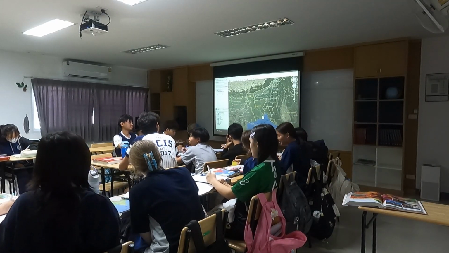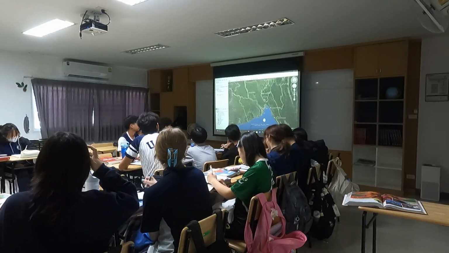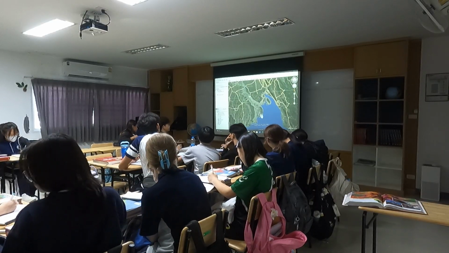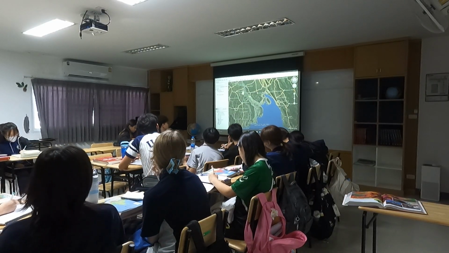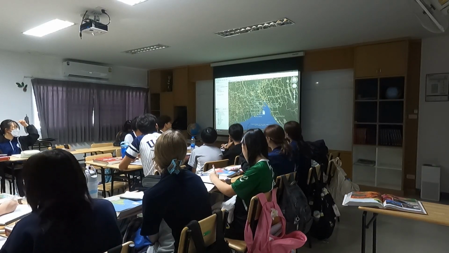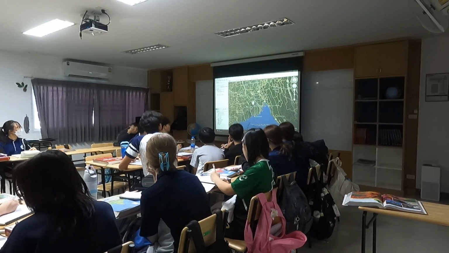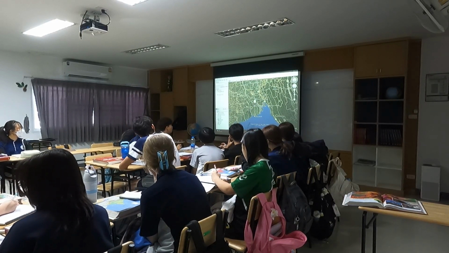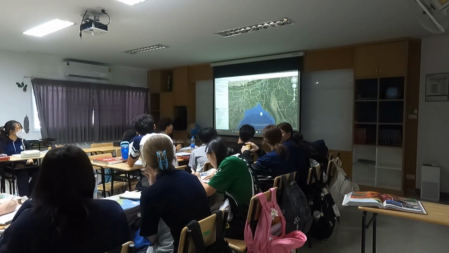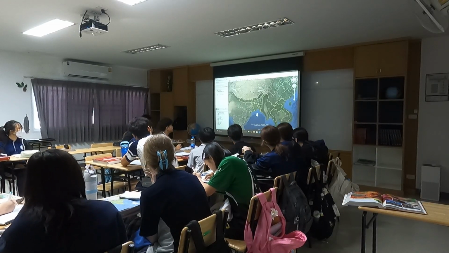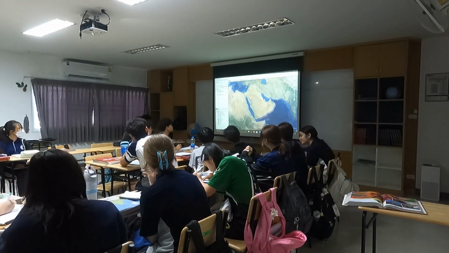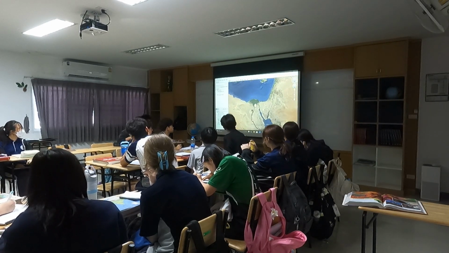All right, I just pulled this up quickly. If we look at Bangladesh, we can see the delta down here. All right, can you guys see that? You can see the delta, the triangle shape of the delta. Okay, let's quickly just have a look at the Nile Delta again. You can see it even better there.